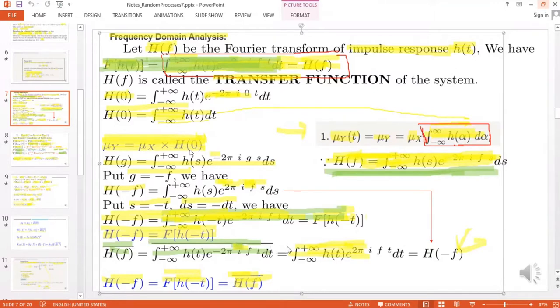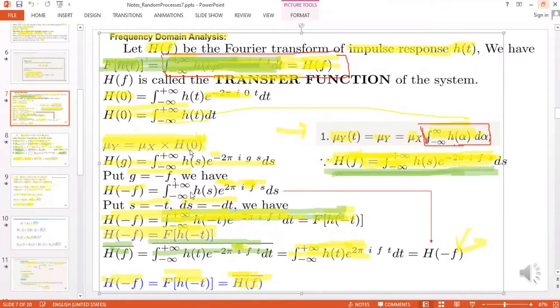Then we apply the complex conjugate bar. Here only the complex number i is available in the exponent of e, so only the sign changes, because h(t) is a function of time, a real function. So this minus is replaced by plus.